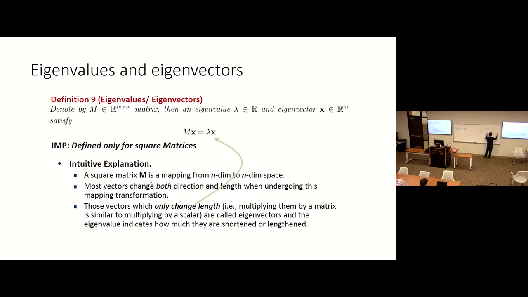Lambda times X, where lambda is this value and X is the vector. Translating that formula to our case, we have A times V equals lambda times V. Those are multiplications of a matrix with a vector, and a scalar with a vector.